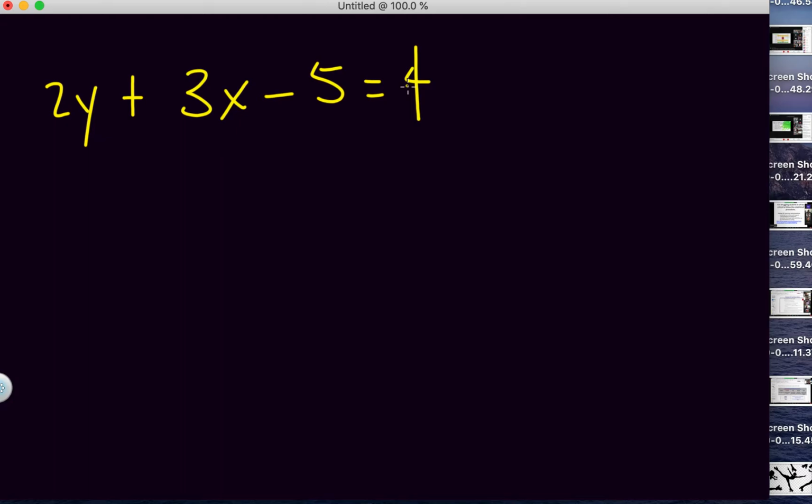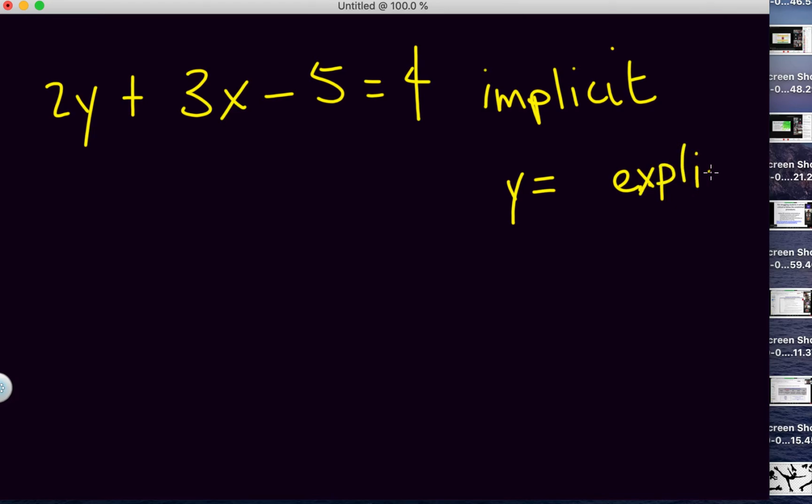Now, this is called an implicit function, meaning the function is implied. To get y equals, this is going to make it an explicit function. And those terms will come up more next year when you're in calculus.